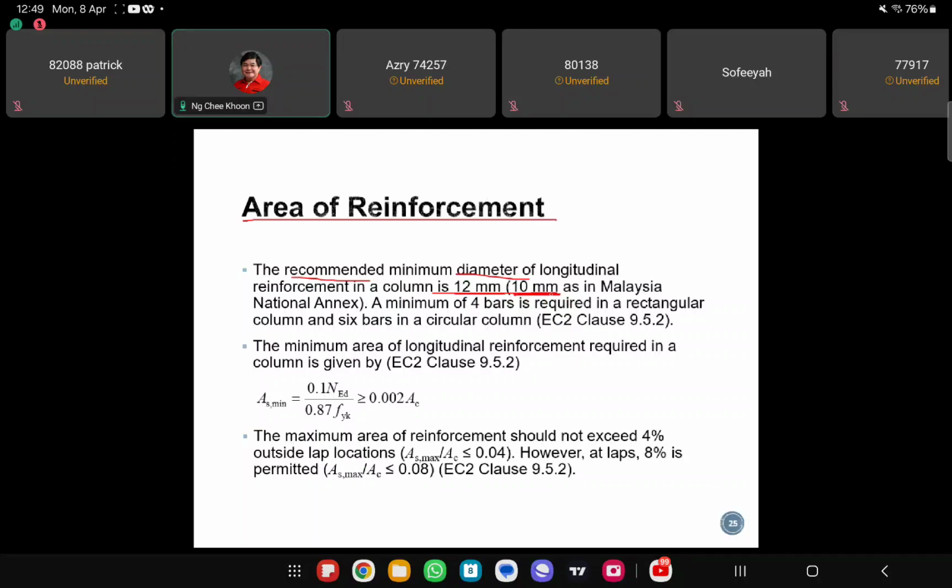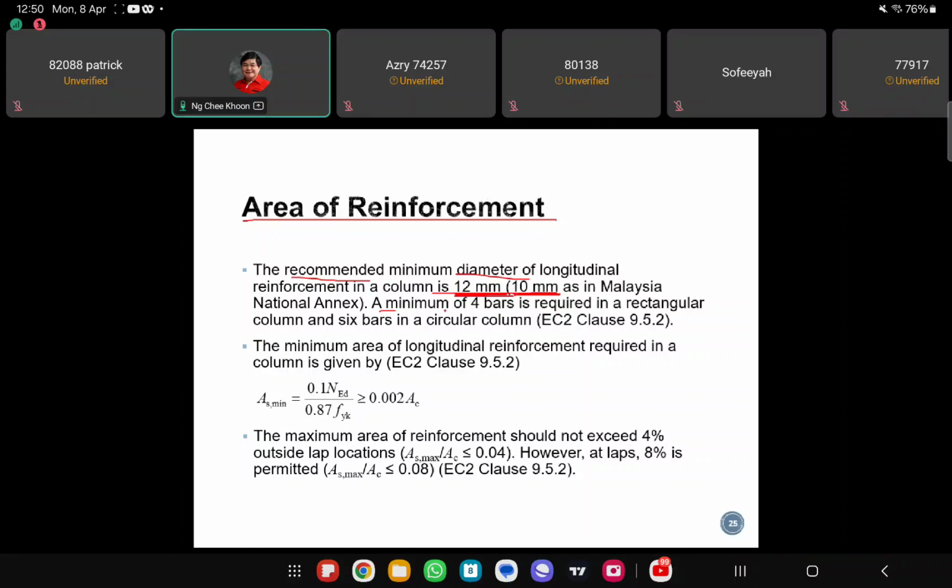You will have natural curving here and there. So 12 mm bars are stiffer, so they will be more straight when they come out from the factory, right? So normally we recommend a minimum diameter of 12 mm.